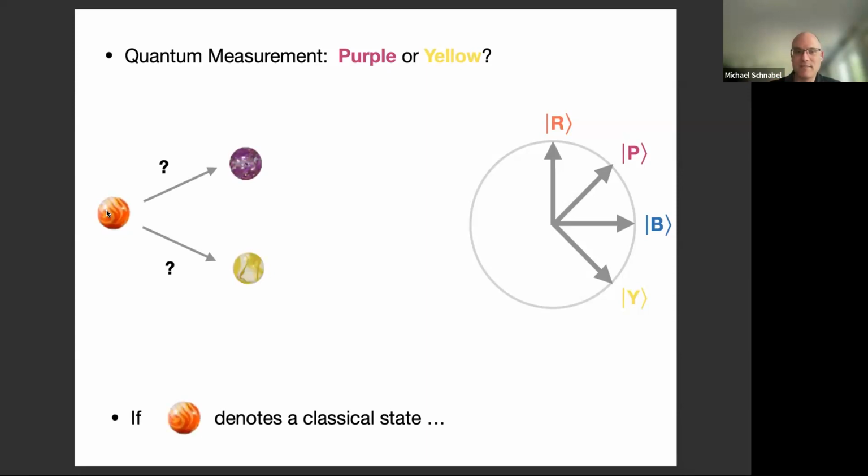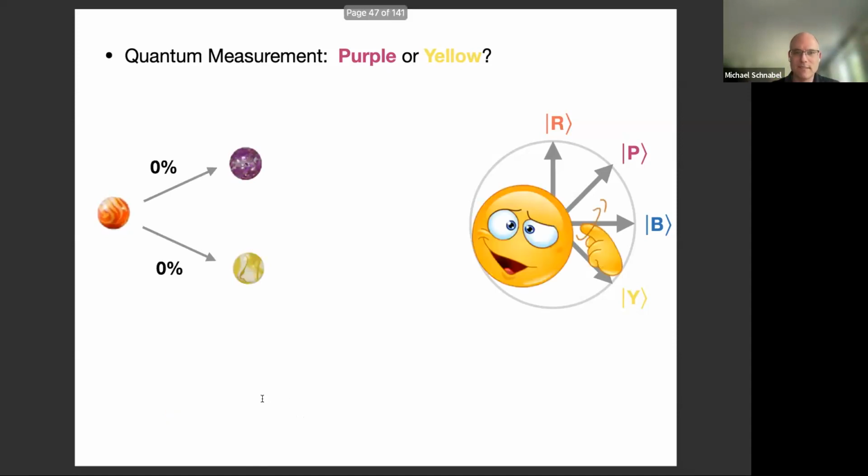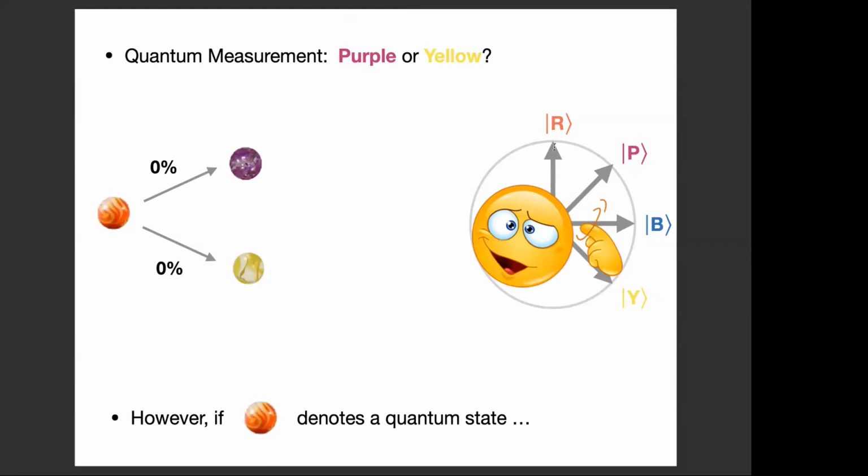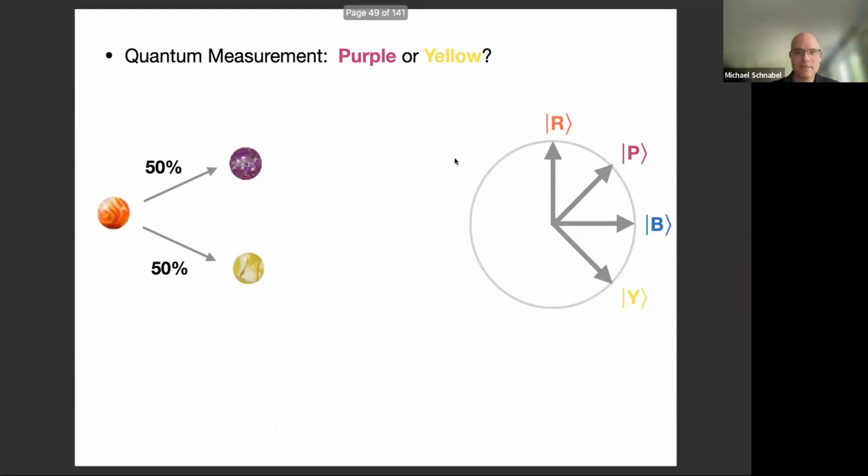Yeah. So if red denotes a classical object, state is a bit misleading because then we are thinking about quantum state. So if this denotes a classical object, then it's 0%, as you said. But if this denotes a quantum state, then it's 50%, right?